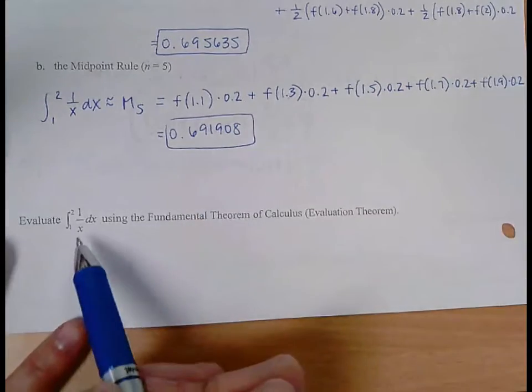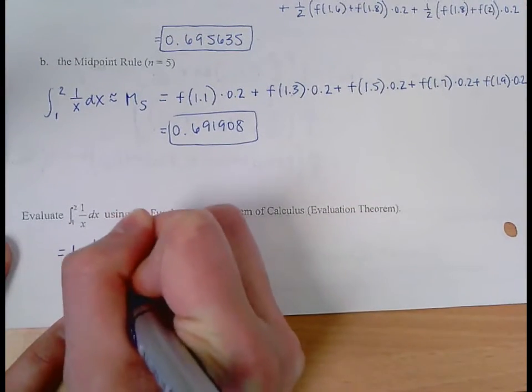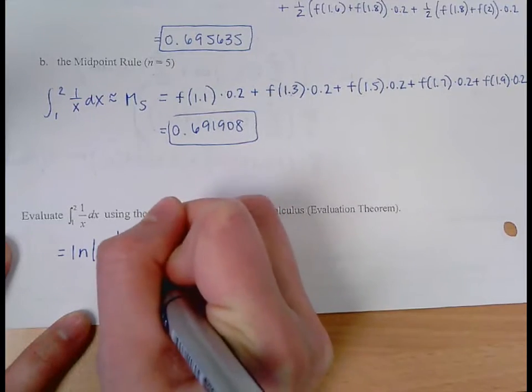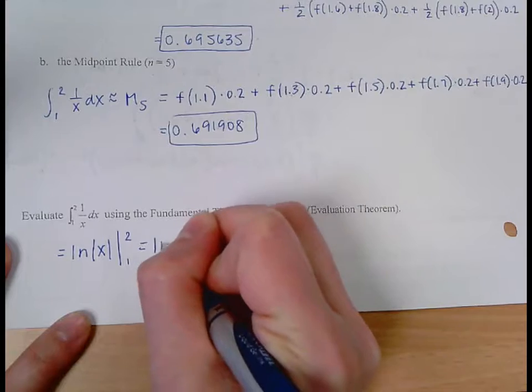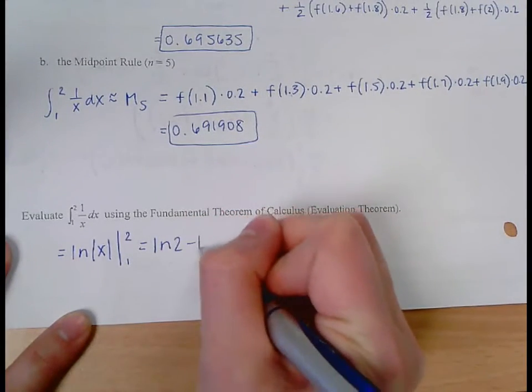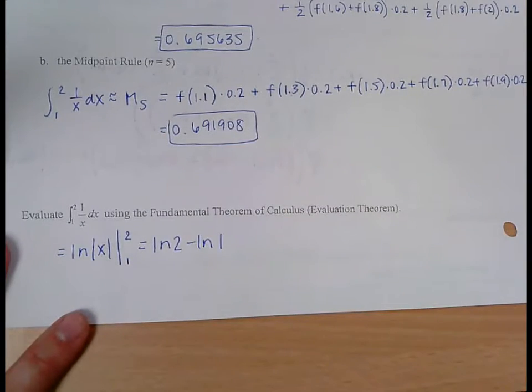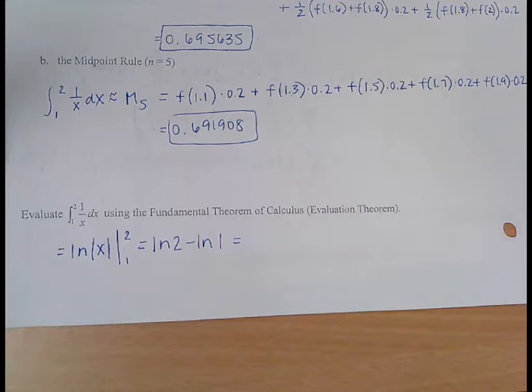Antiderivative, yes. So the antiderivative of 1 over x is the natural log of the absolute value of x evaluated from 1 to 2. So it would be the natural log of 2, since 2 and 1 are already positive, minus the natural log of 1, which is just 0.